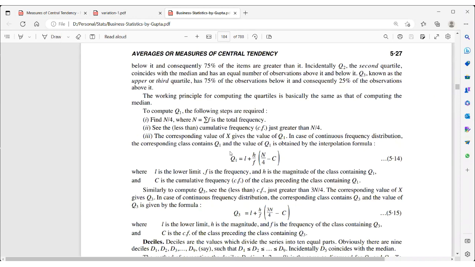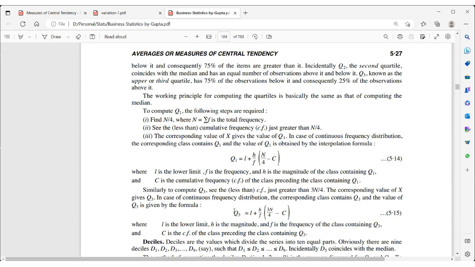This is the formula for the quartiles of a continuous distribution. First quartile: Q1 = L + (h/f)(N/4 - C). Here L is the lower limit of that quartile class, h is the class width, f is the frequency, N is the total frequency, and C is the cumulative frequency preceding that quartile class.